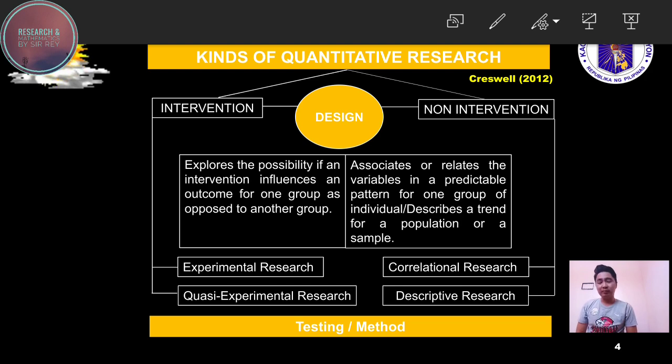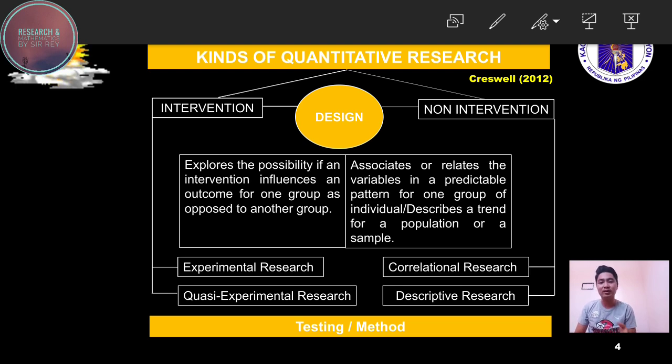This means that experimental and quasi-experimental research tend to require interventions after the results of the study. While for correlational and descriptive, they are more of non-intervention requirement. What does that mean? So it means to say that you can just state your results and that's it.